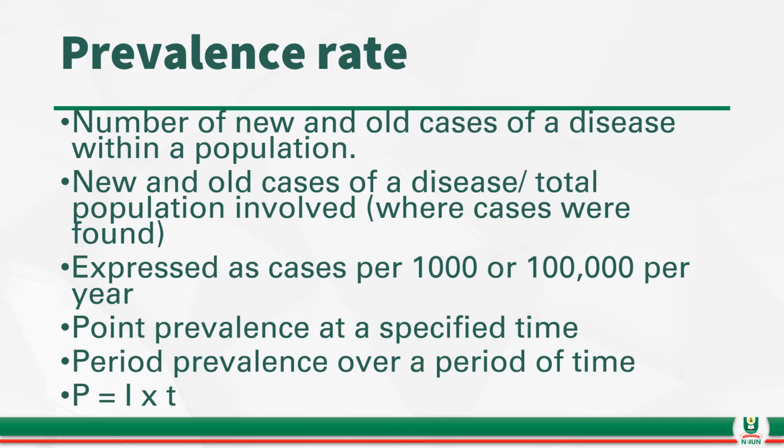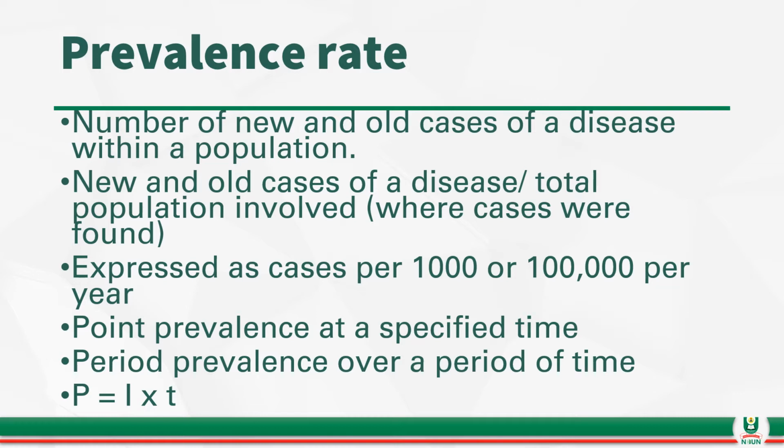So prevalence, that's another morbidity rate. The two major morbidity rates in epidemiology are the incidence rate and the prevalence rate. So prevalence rate, while incidence rate is number of new cases, prevalence is number of new and old cases of a disease within a population.